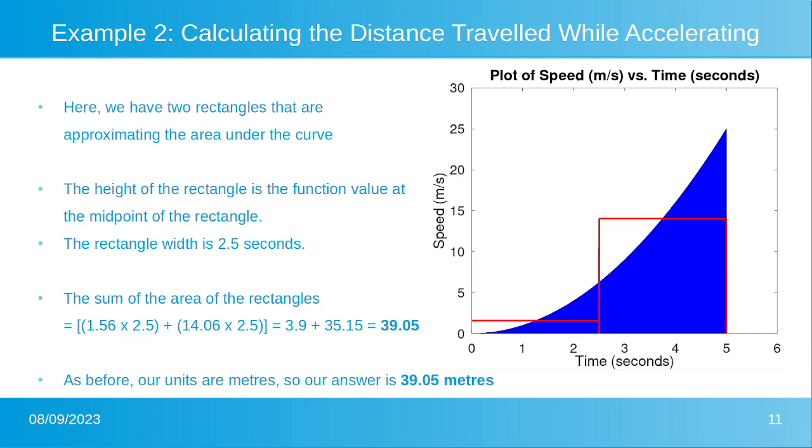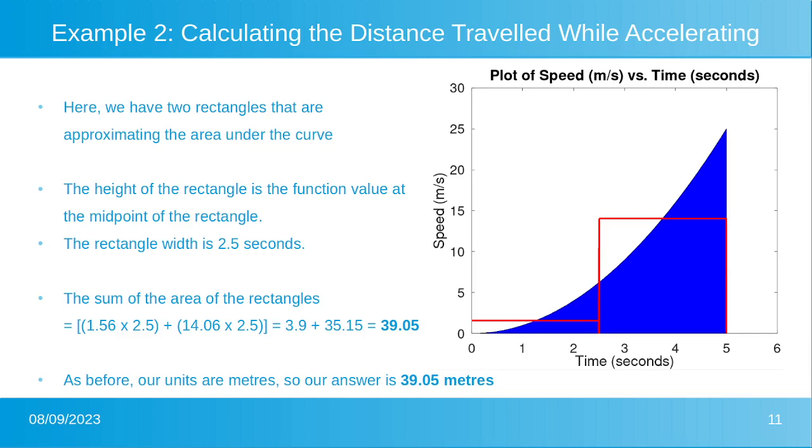So when we do that, it corresponds to 1.56, the height of the first rectangle, by 2.5, its width, plus 14.06, the height of the second rectangle, by 2.5, the second rectangle's width, which works out to be 3.9 plus 35.15, which gives us an answer of 39.05 units for the area of the two rectangles combined.